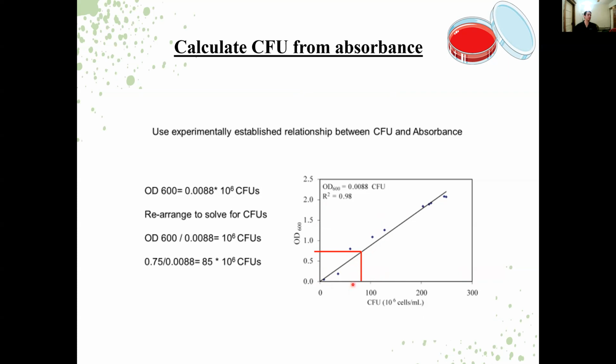This is where we derive this equation from. Then you can rearrange it to solve for CFUs, which is colony forming units, think number of organisms. If we are supplied with numbers, then that is what you can use to calculate your number of CFUs.